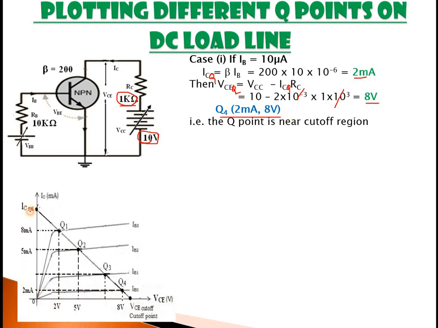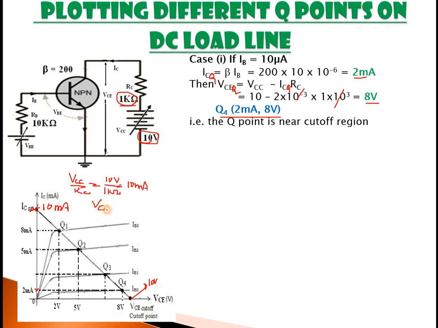This is the IC saturation point. IC saturation is actually what? VCC by RC. That is 10 volt by 1 kilo ohm, which will give me 10 milliamps. So this is 10 milliamps. Whereas VCE cutoff value is the applied voltage, that is 10 volt.